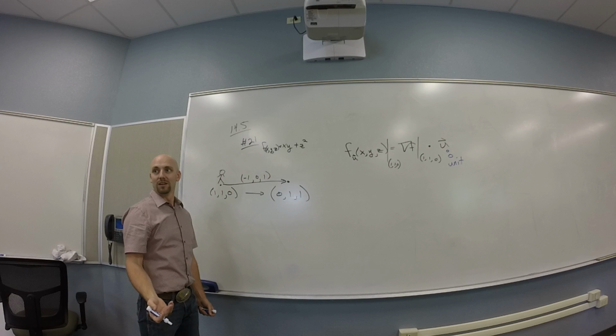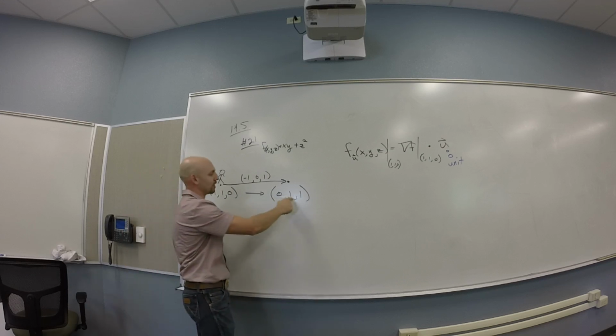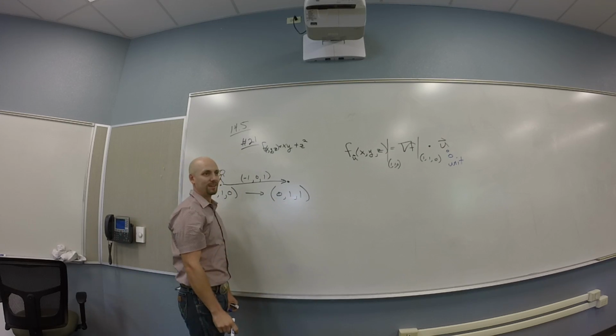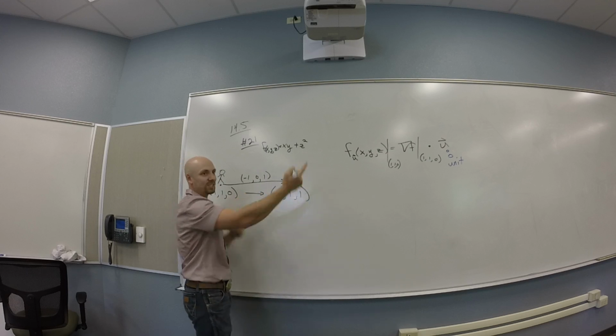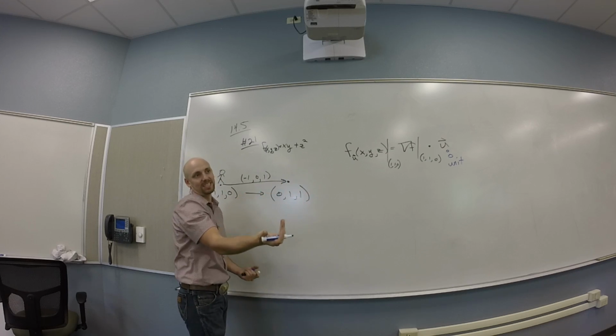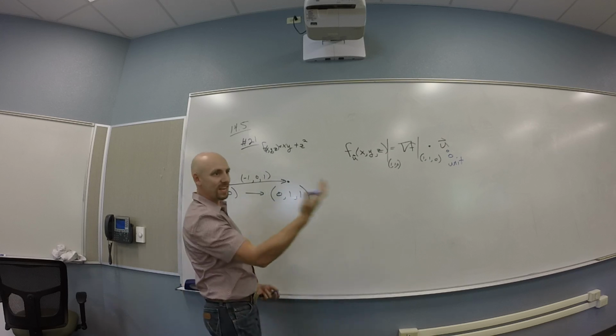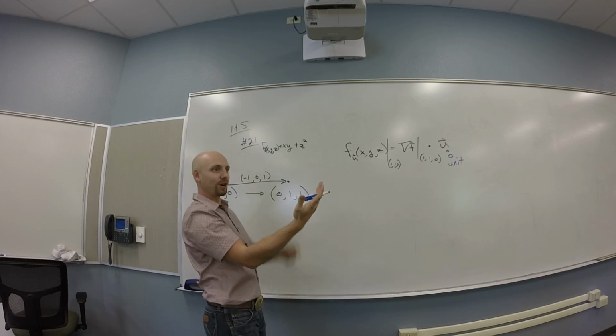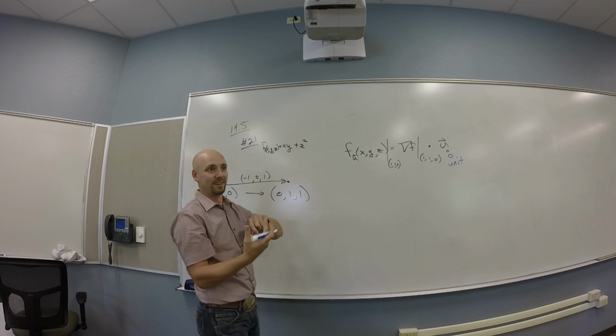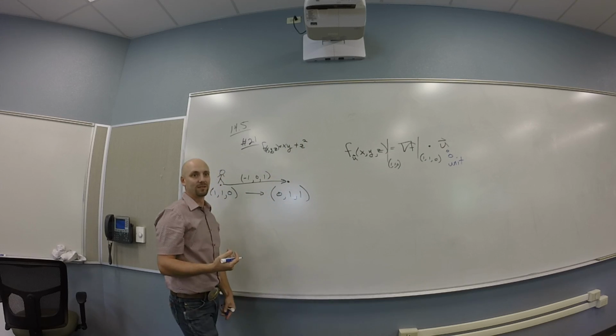You guys see that? Because looking in the direction of 0, 1, 1 is the same thing as looking twice as far, right? Like I could look past it and that would still work. But the hill should have the same slope regardless of where I'm looking. You guys see that? Okay.